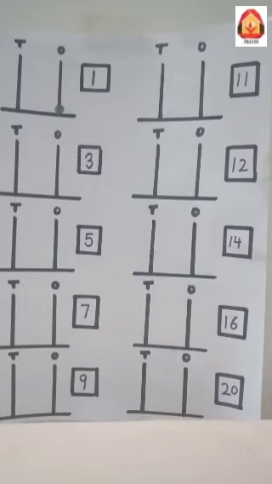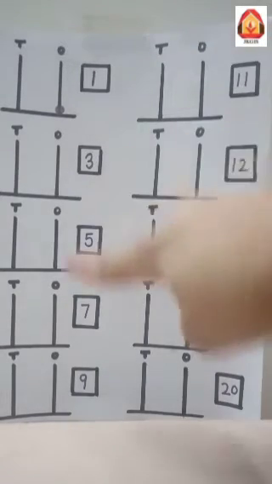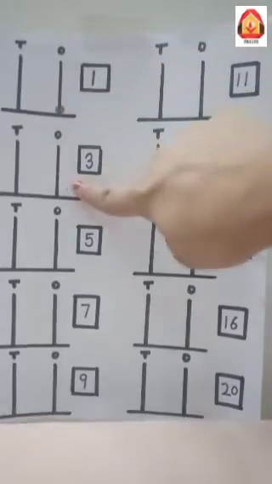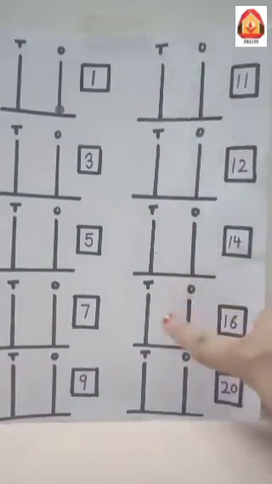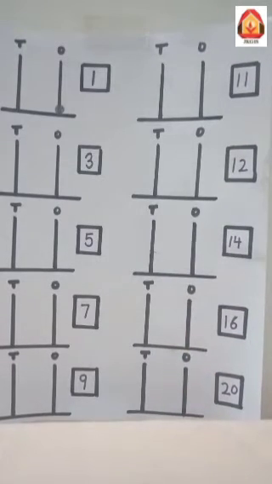So kids, today we will do a few worksheets related to the abacus, tens and ones. Can you see here? Ma'am has drawn lots of abacus. 1, 2, 3, 4, 5, 6, 7, 8, 9, 10. As you have already seen in my previous video how we can make an abacus, we need one rectangle base and two sticks.